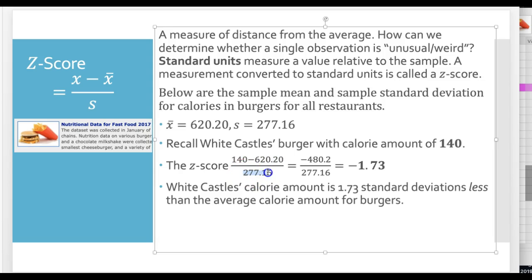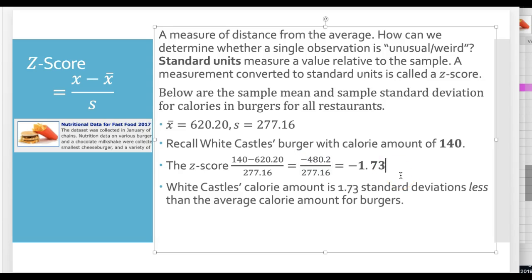Because the expected difference we should see between calories and the average calories should be around 277. So what we see is slightly larger than that, but how much larger is it? So that's why we just take the division here. So I divide these two numbers, I get negative 1.73.